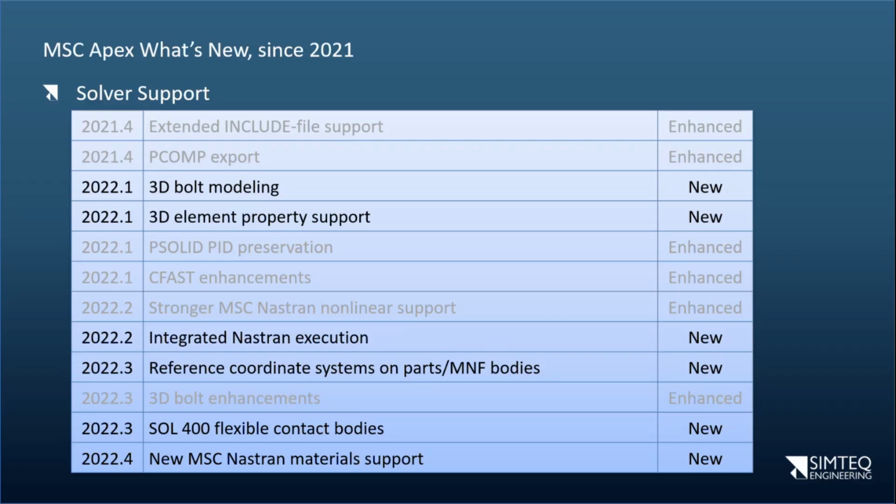And then the referencing coordinate systems on parts or M&F bodies. More 3D bolt enhancements, the introduction of SOL 400 flexible contact bodies. And then the new MSC Nastran materials support was added in 22.4.